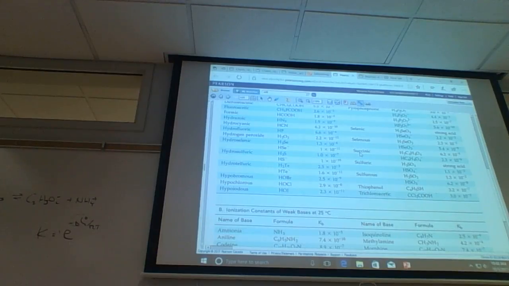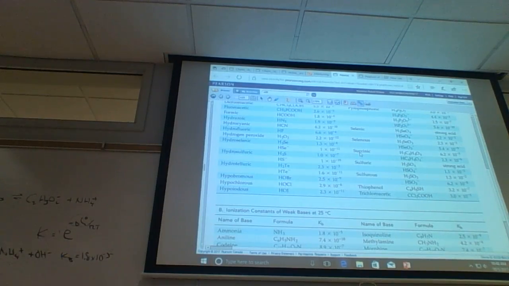Ammonia plus water gives us ammonium and hydroxide. And that is going to have a Kb of 1.8 times 10 to the minus 5.